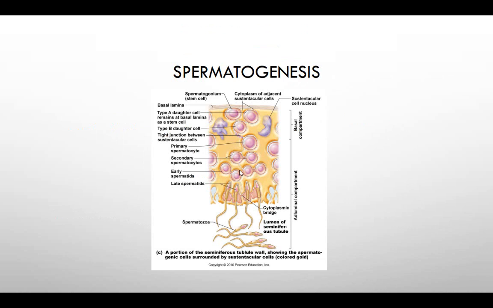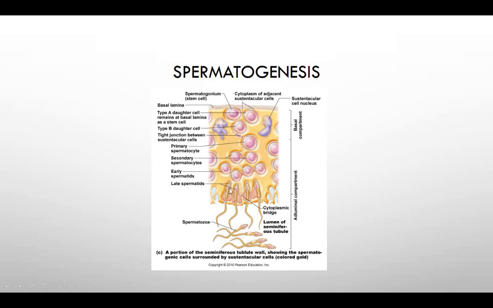This is, again, the same thing, just with a couple little different details. So here's your spermatogonia cell. This is your stem cell. This divides. There's cell A, we'll call, there's cell B. It goes through meiosis 1, and we get 2 secondary spermatocytes, which have 23 chromosomes. That goes through meiosis 2, and then we get the 4 early spermatids, which have 23 chromosomes, all genetically different.